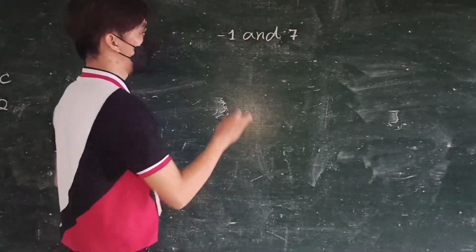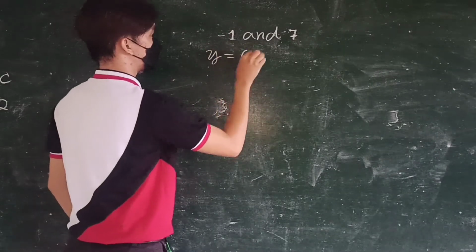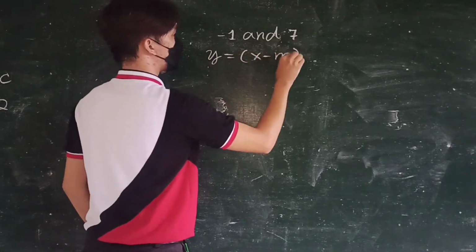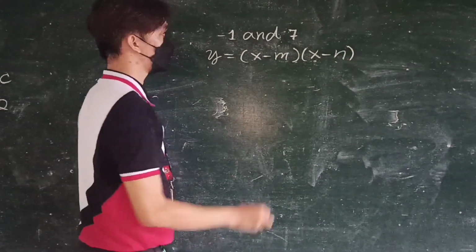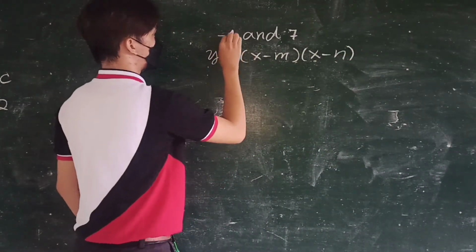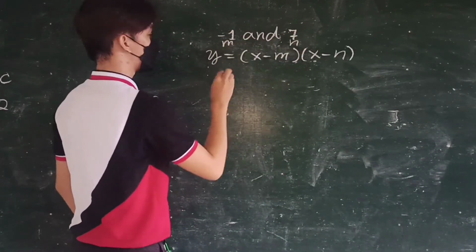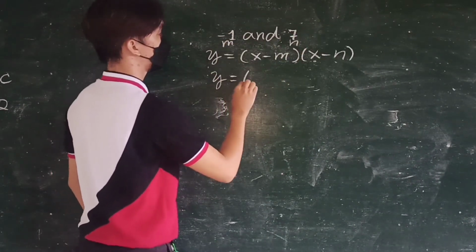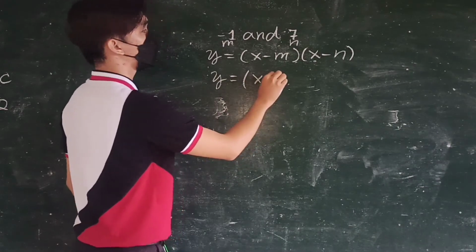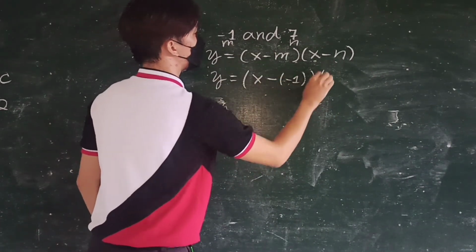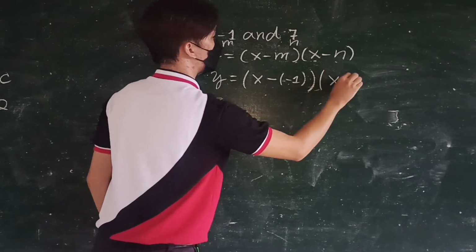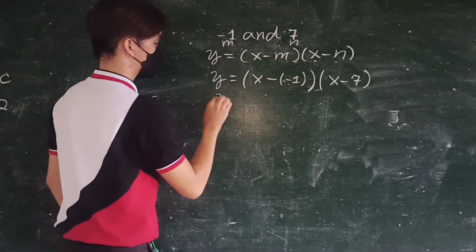So all we have to do is to substitute the zeros in the equation y equals the quantity of x minus m times the quantity of x minus n, where negative 1 is m and 7 is n. So let's substitute. So we have y equals the quantity of x minus negative 1 times the quantity of x minus 7.